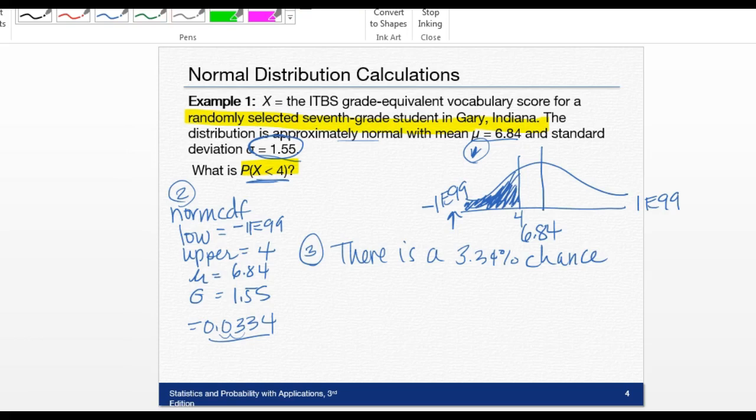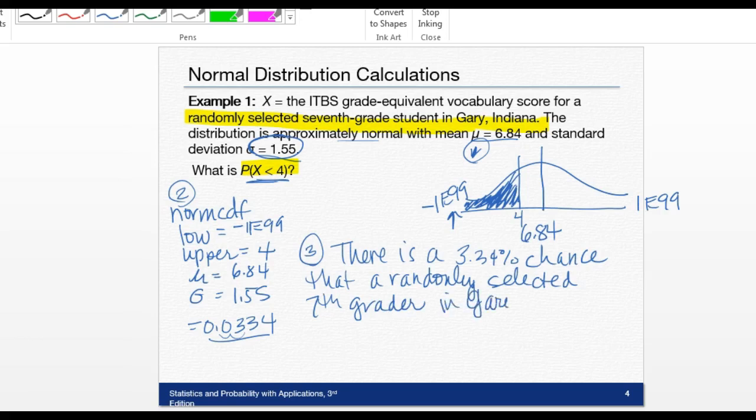So there's a 3.34% chance that a randomly selected 7th grader in Gary, Indiana has an ITBS score less than 4. Okay, I know it's a sentence. I know you have to read to get the context, but you can do it. All right, so let's try another one.